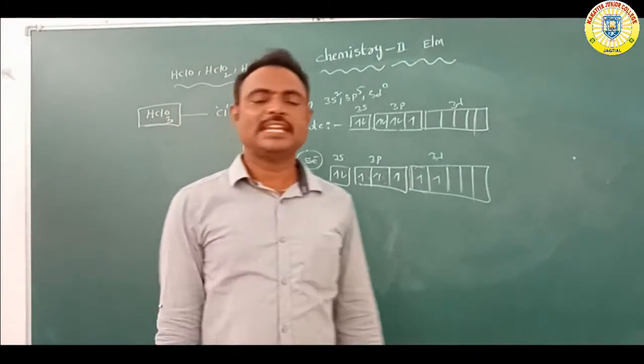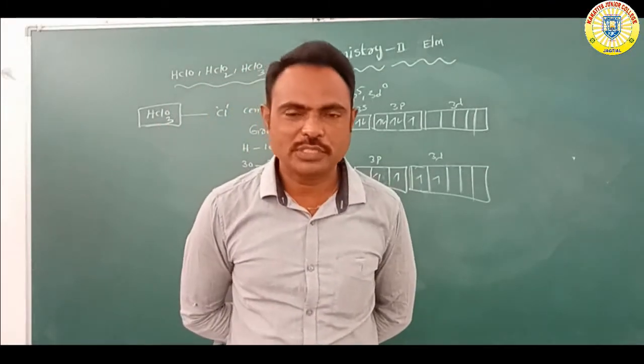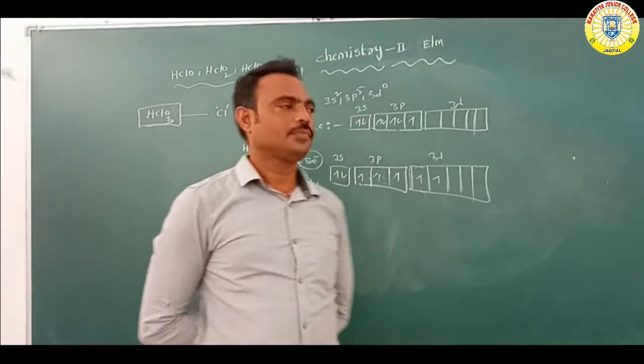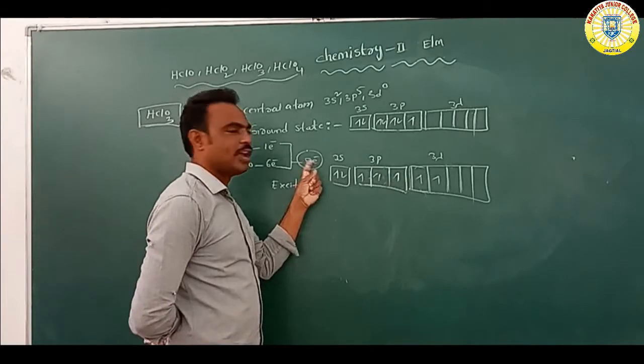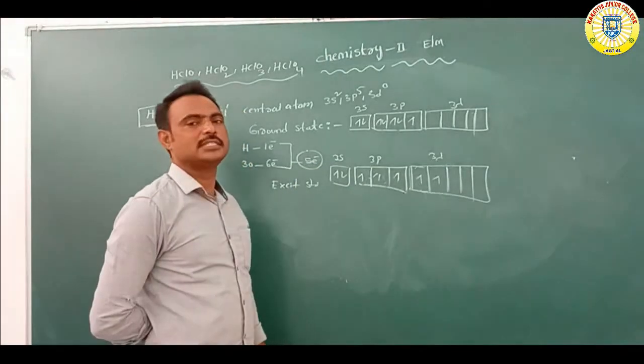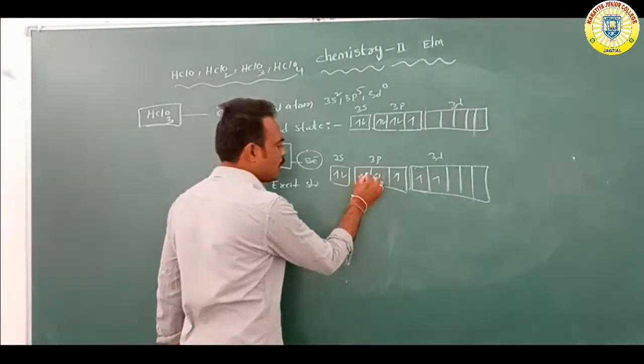In the second excited state it contains 5 single electrons. These 5 single electrons bond with 5 single electrons of oxygen atoms to form HClO3.